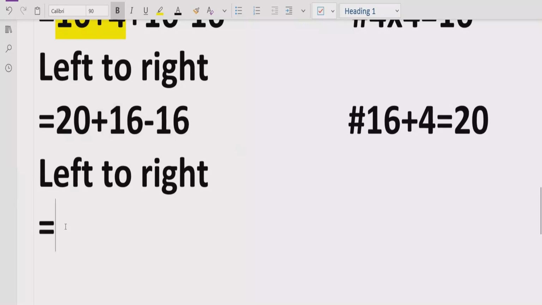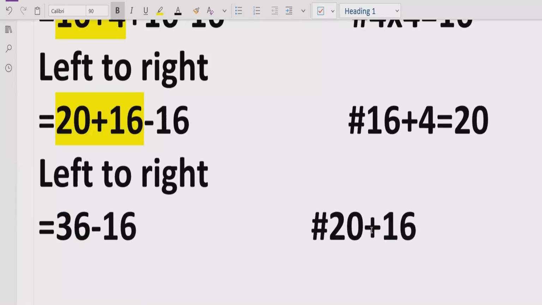So we are following the BODMAS and PEMDAS rule. First we will add this part: 20 plus 16, which is equal to 36, minus 16. And here we will give the reference: 20 plus 16 equals 36.